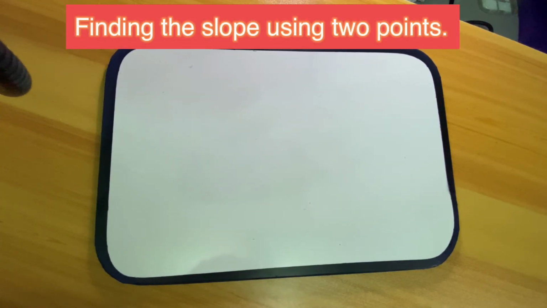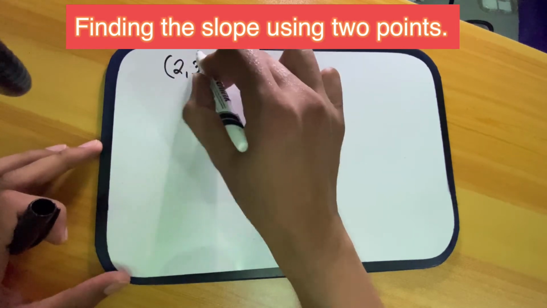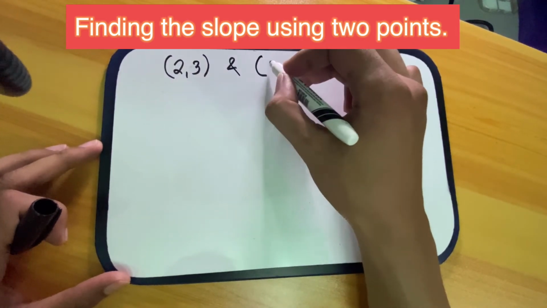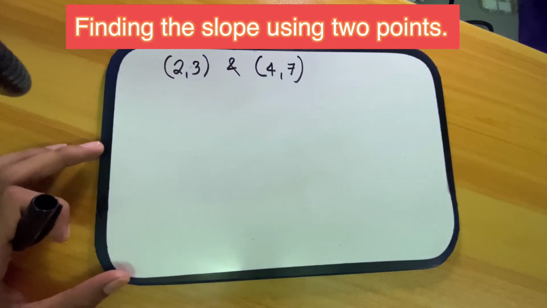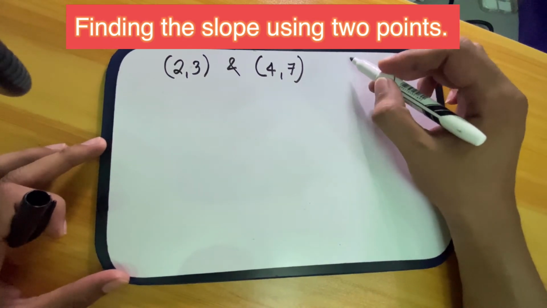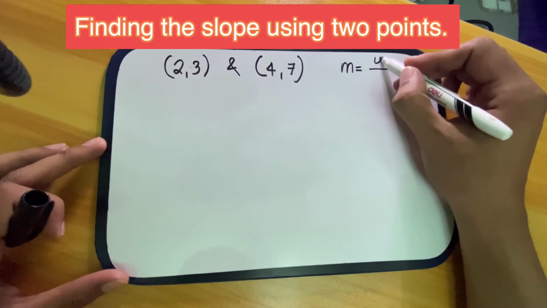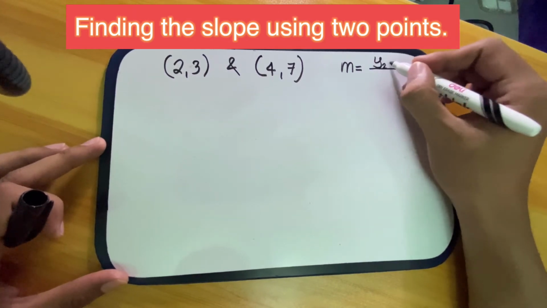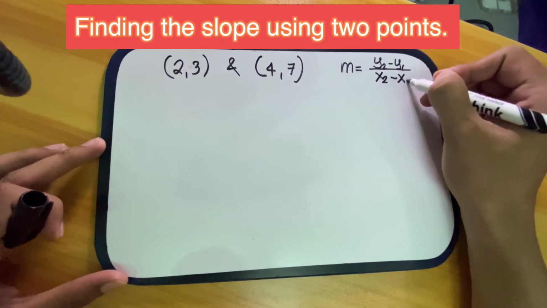Now we need to find the slope through 2 given points. For example, we have 2 coordinates: (2, 3) and (4, 7). In order to get the slope here, we need to use the formula: m, which stands for the slope, is equal to y sub 2 minus y sub 1 over x sub 2 minus x sub 1.